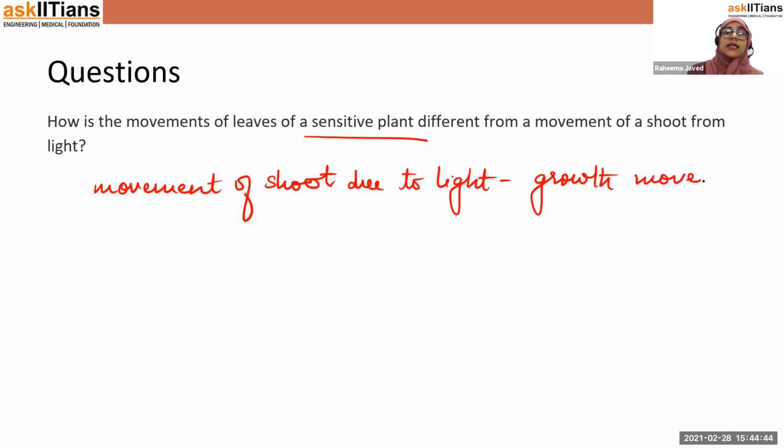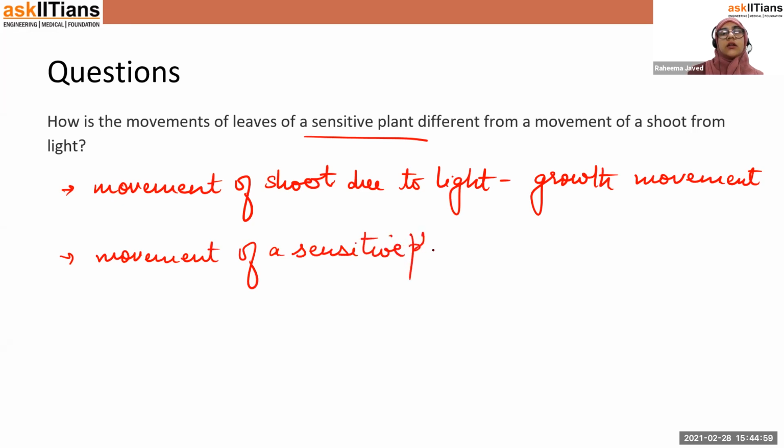And secondly, it is the movement towards the direction of the stimulus. But the movement of a sensitive plant is not a growth movement, and the movement also is not necessarily in the direction of the stimulus, like mimosa pudica.